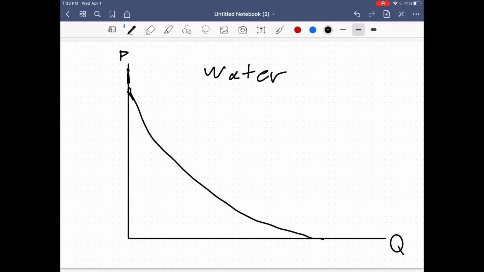The way to think of this is, at every given point, what will be the utility from consuming an extra tiny quantity, let's call it delta q, of a good? So what's the extra marginal utility from consuming an extra unit delta q of this good?